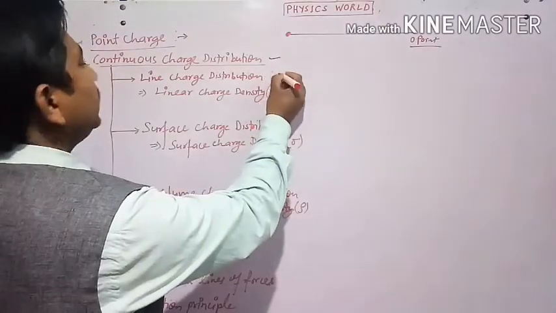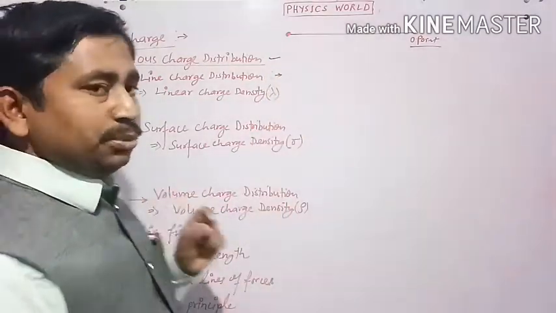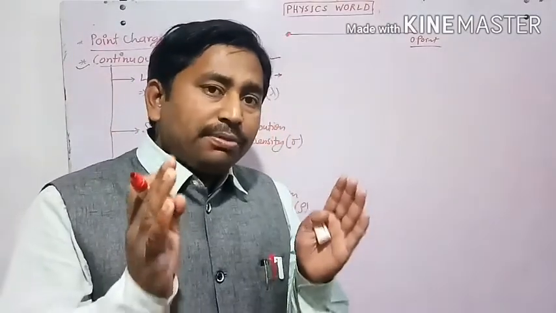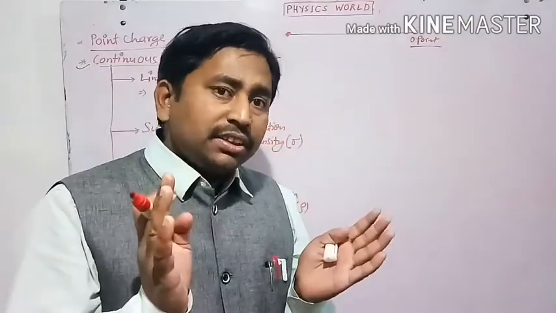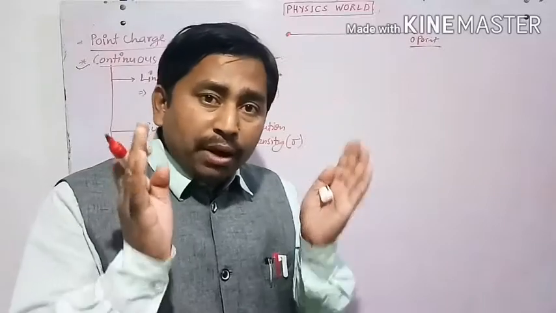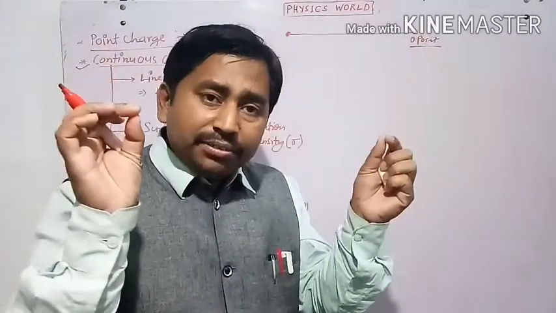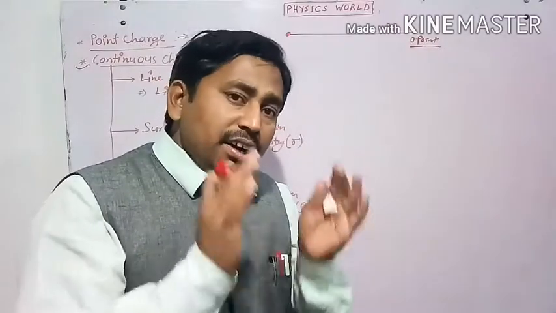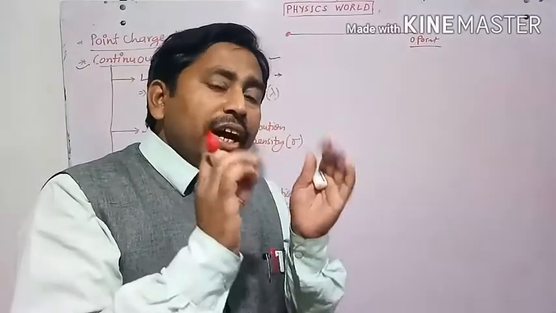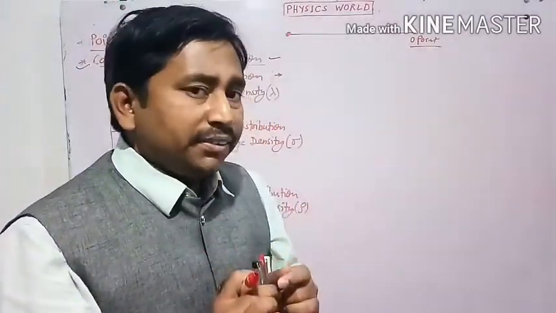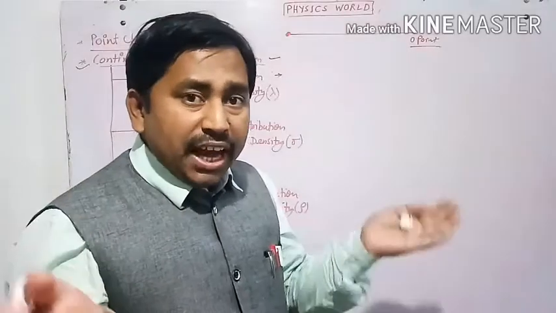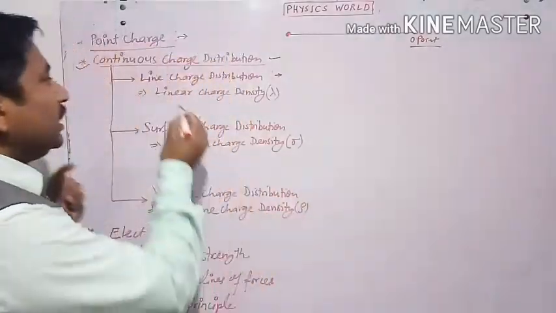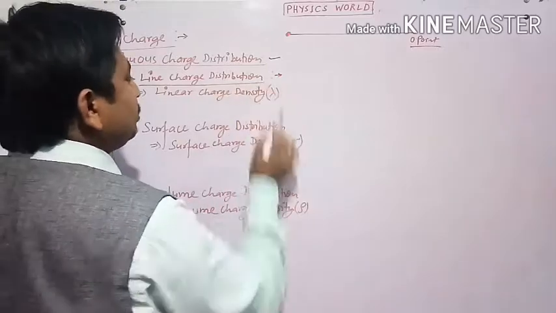Now come to the point, line charge distribution. If the distribution of closely spaced charges is found over a line or a circumference of a circle or over the edges of a cuboid, etc., then such type of distribution is known as line charge distribution.